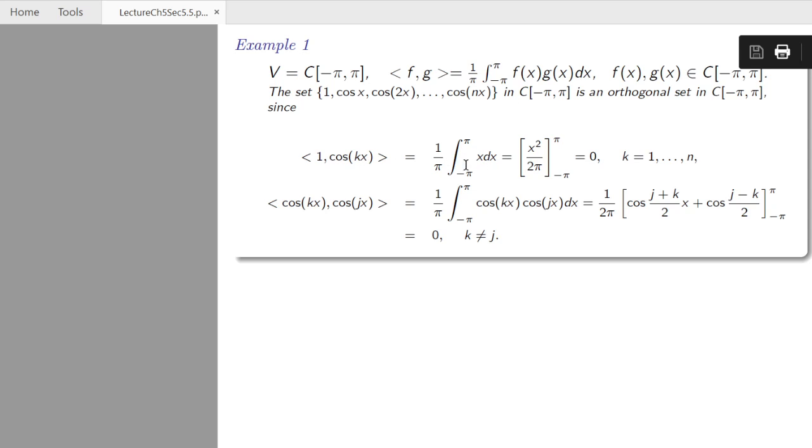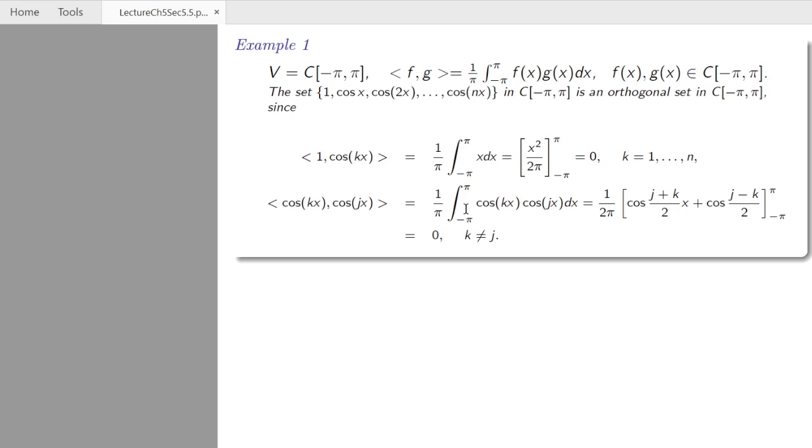Sorry, this should be cosine kx. Taking the integral of cosine kx, the antiderivative will be 1 over k sine kx. So that value is 0. So this part is incorrect. We will change it.